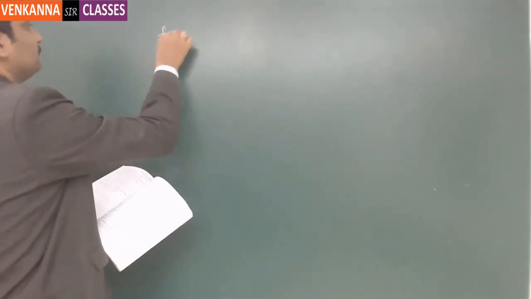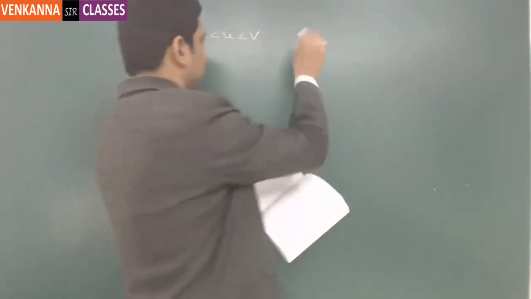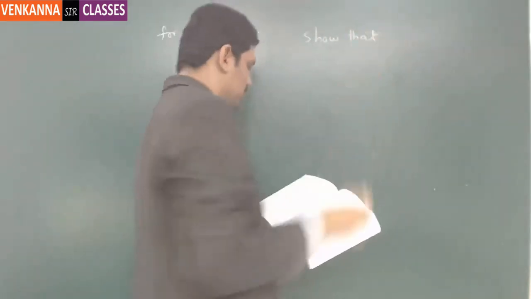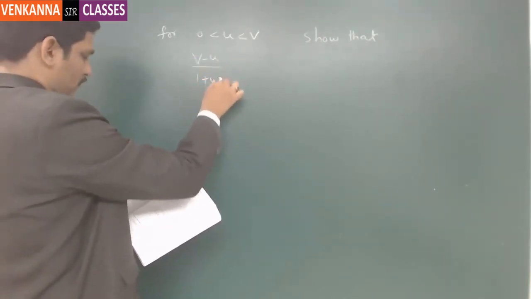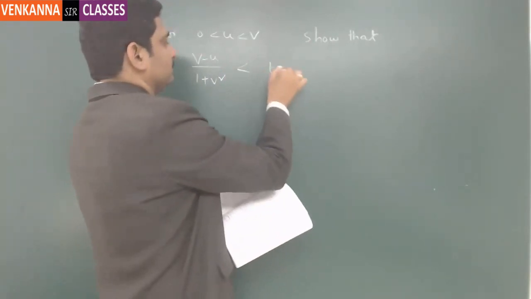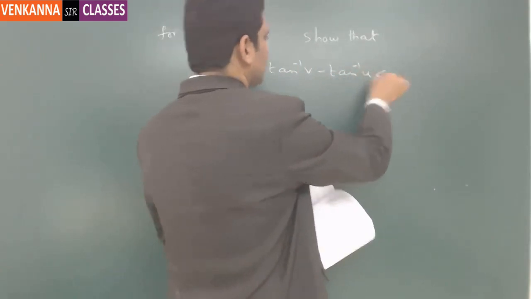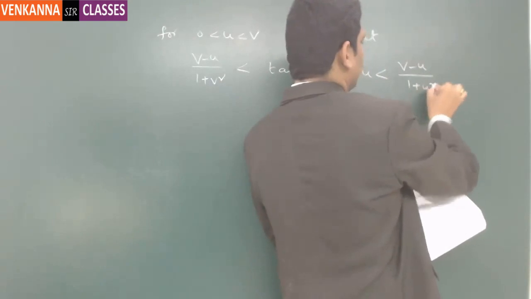So this is the problem. For 0 less than u less than v, show that (v minus u) by (1 plus v square) is less than tan inverse v minus tan inverse u is less than (v minus u) by (1 plus u square).